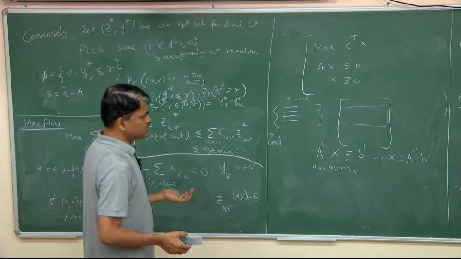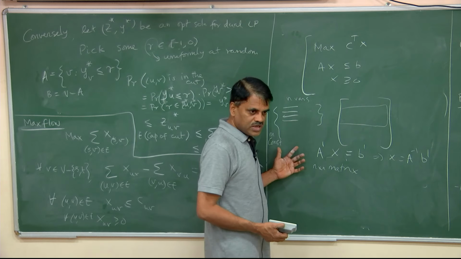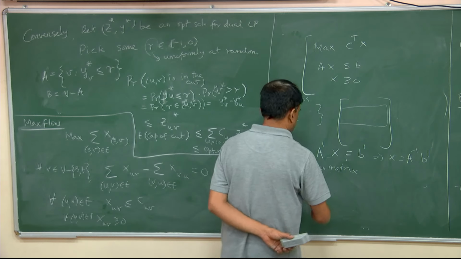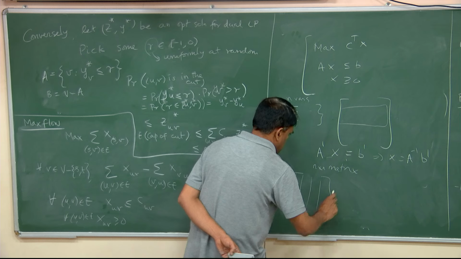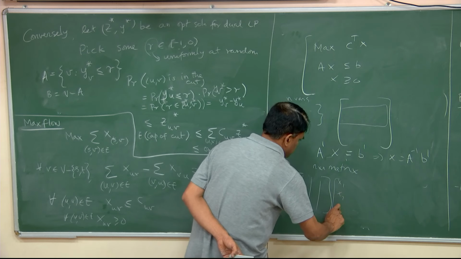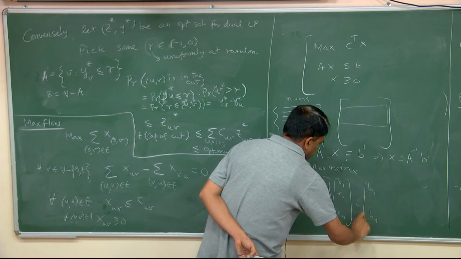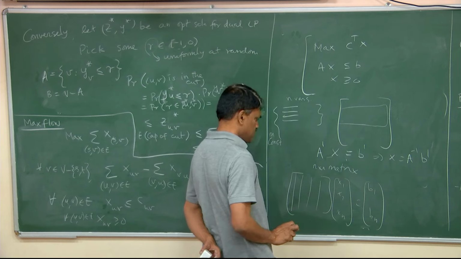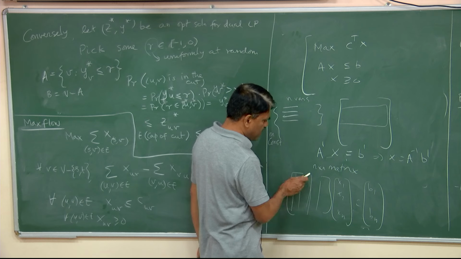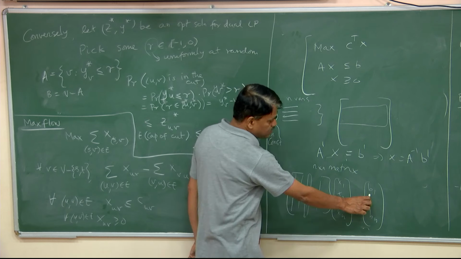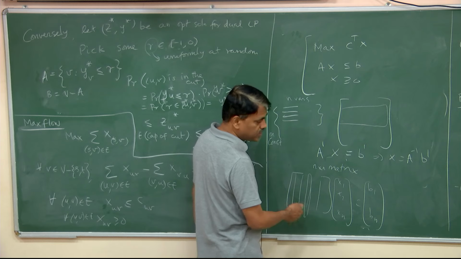If you know Cramer's rule to solve this system of equations, I don't know how many people remember this. If I have an N by N matrix A and I want to solve for x1, x2 up to xn equal to b1 up to bn, and I want to get xi, one way to do it is to remove the ith column, replace it by b, and take the determinant of that matrix divided by the determinant of the original matrix.